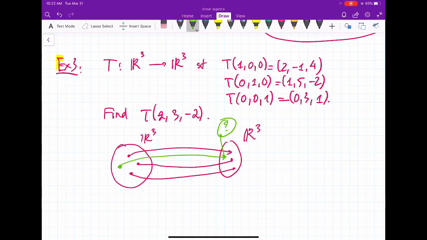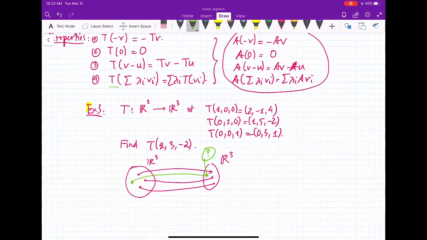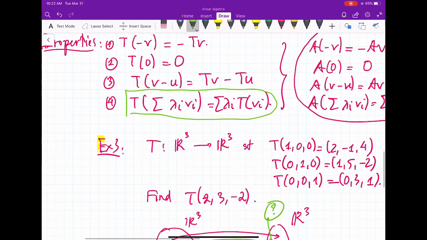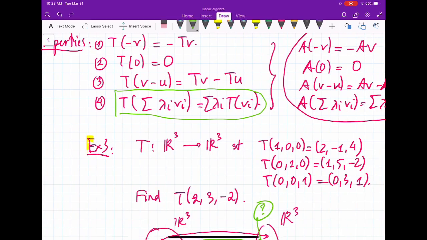You know, in many cases, we can solve such a problem easily. Okay, so how? We'll use this property from the linearity of T. So basically, if you have some vi, you know the image of vi, and you have some vector, suppose x0 or v0, whatever you want.